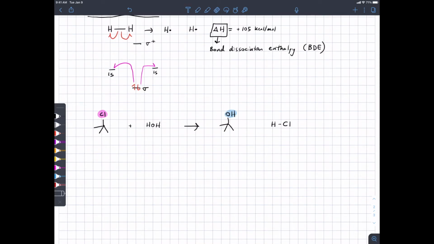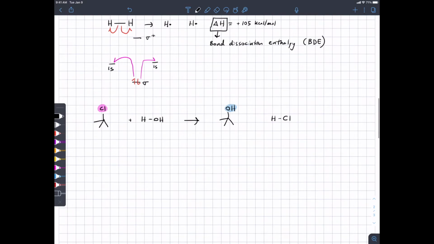So in this process, in order to calculate the overall enthalpy for this process, what we need to know is the bond dissociation enthalpy for each of the bonds that we break or form.